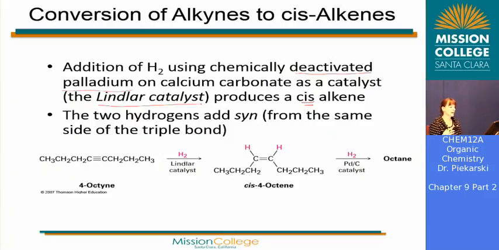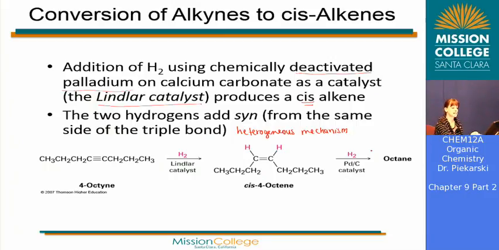Because you're working on a catalyst, you still have a heterogeneous reaction mechanism. And remember when we talked about this in chapter 8, that's like a stamping mechanism, right? So the hydrogens have to add to the same side, or syn addition. And that's why we get cis stereochemistry. So we add hydrogen with Lindlar's catalyst, and that helps us stop at the cis alkene.